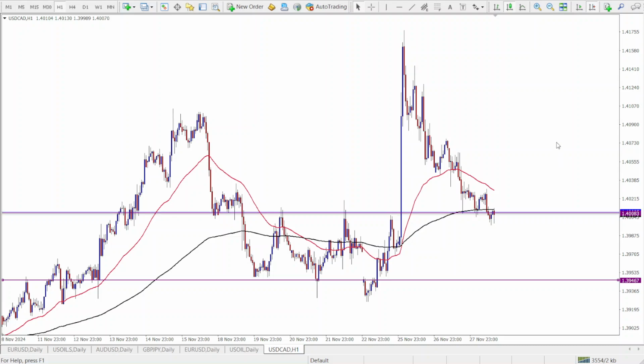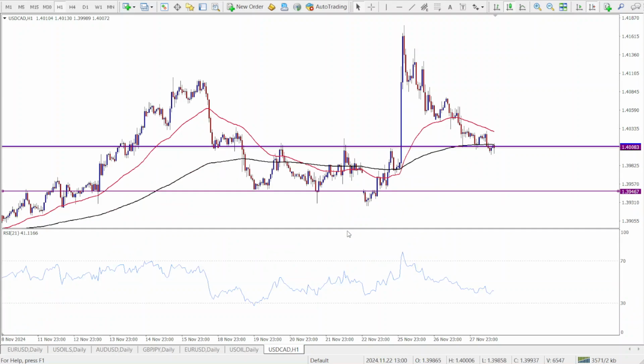Some popular indicators to consider when trading USDCAD are the relative strength index, or the RSI. I'm going to use the default settings for the RSI. The RSI is great for spotting overbought and oversold conditions.